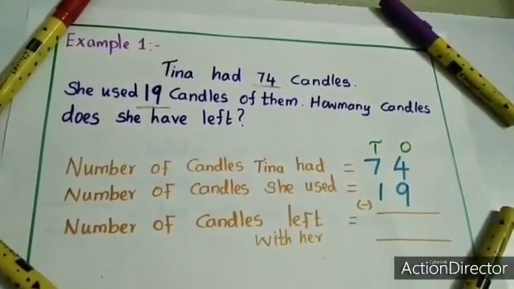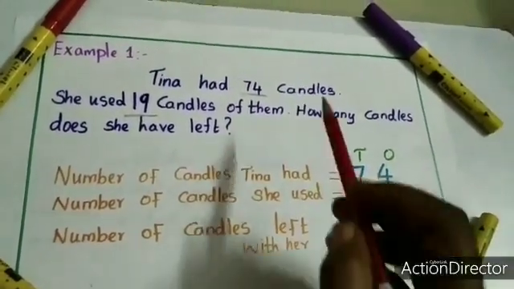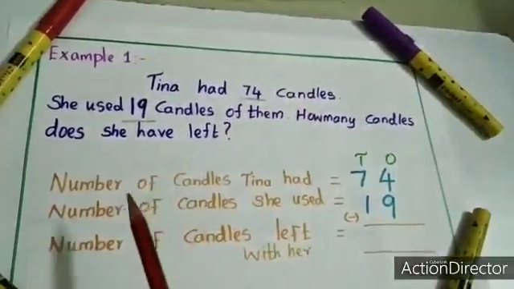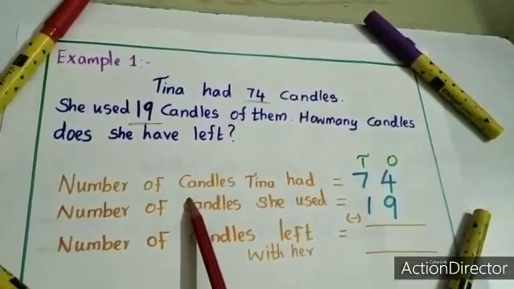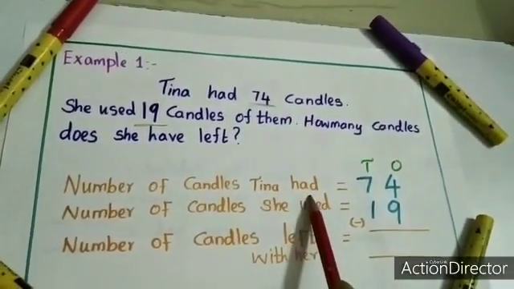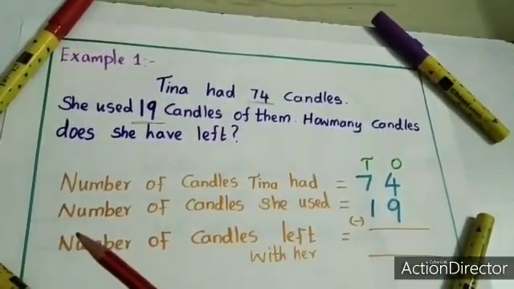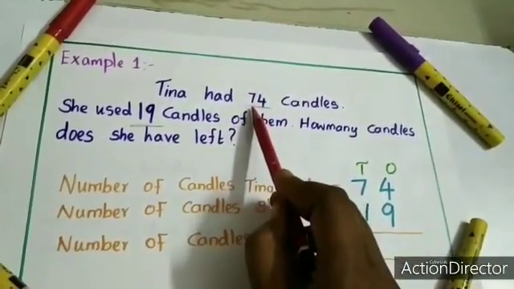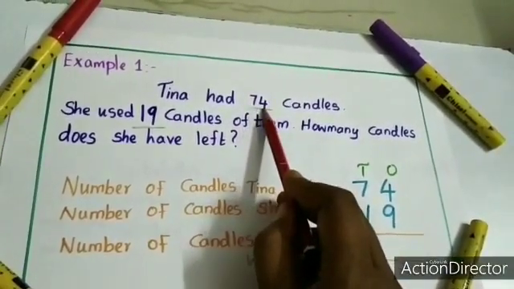Now, let us start the solution. Tina had 74 candles. That is, the number of candles Tina had. How many candles did Tina had? 74 candles. That is, 74 means 7 tens, 4 ones.